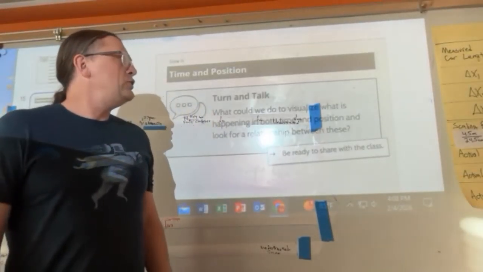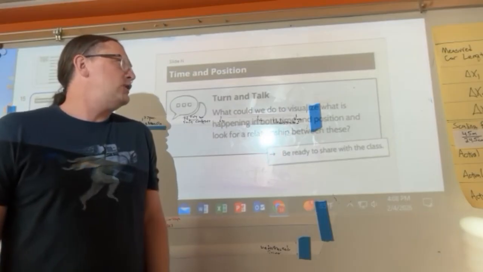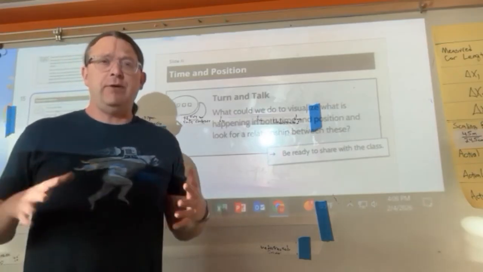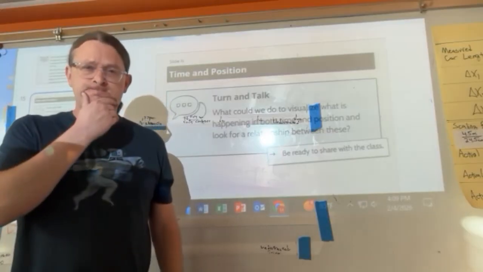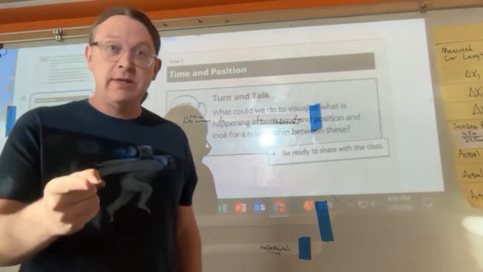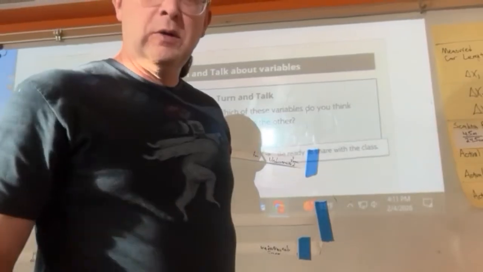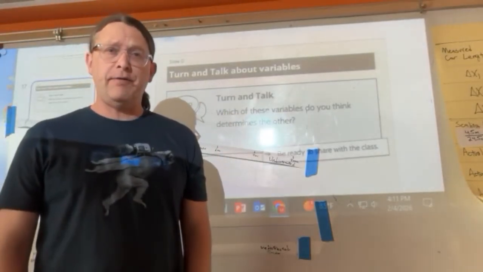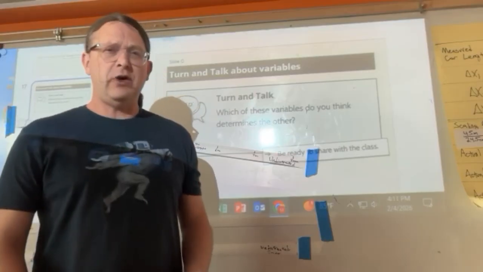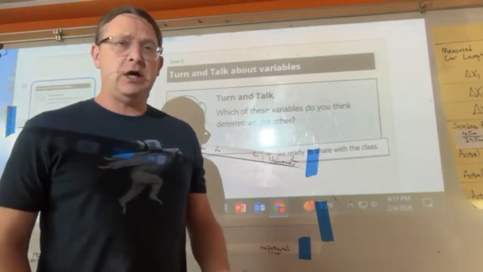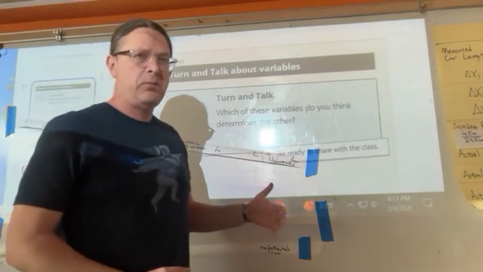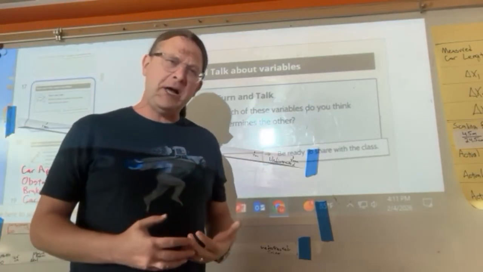So, what do you think we could do to visualize what's happening in both time and position to see a relationship for both of those things? Good idea. Let's make a graph. To think about how to set up our graph with an x-axis and a y-axis, we should first consider which of these variables determines the other variable. Does time determine the position, or does the position determine the time?